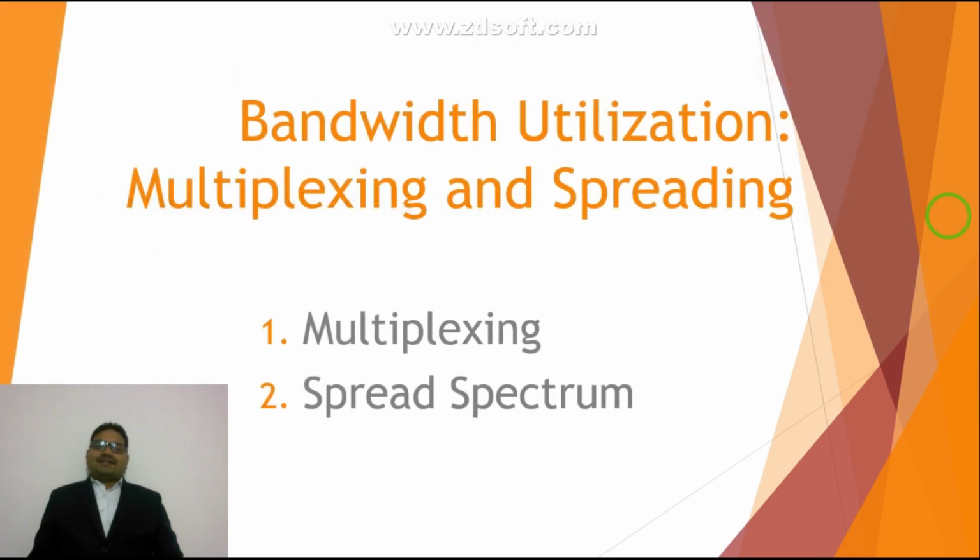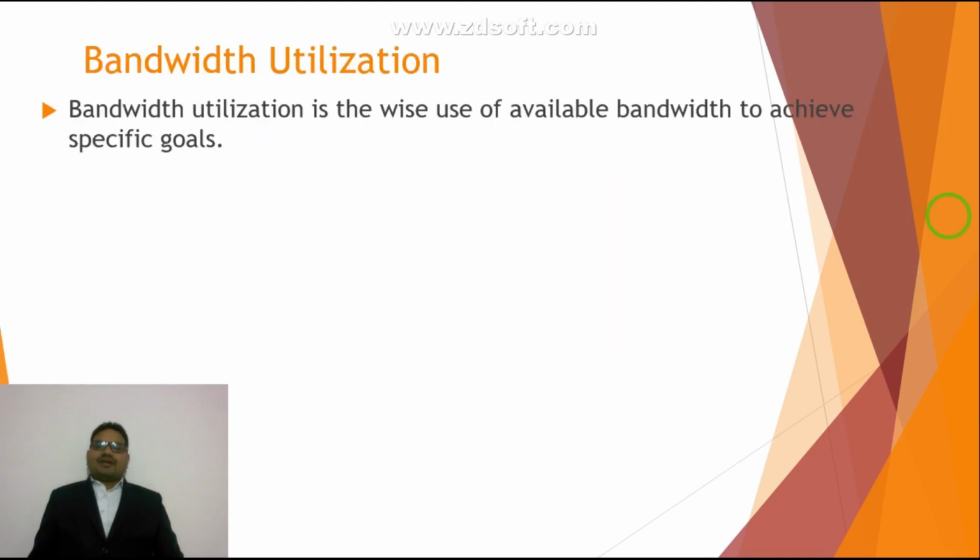So guys, there are two methods for bandwidth utilization, that is, how to utilize the bandwidth properly: by using multiplexing and spreading. Bandwidth utilization is the wise use of available bandwidth to achieve specific goals.